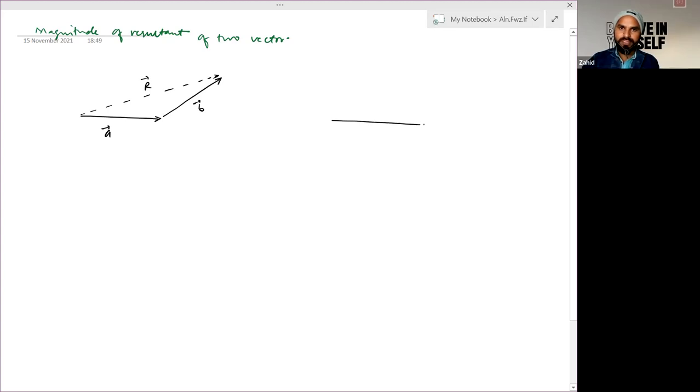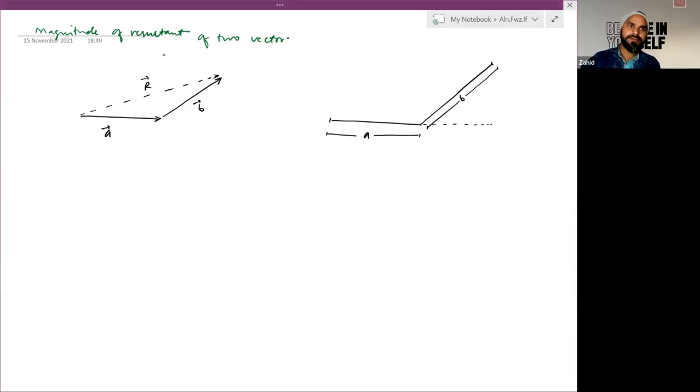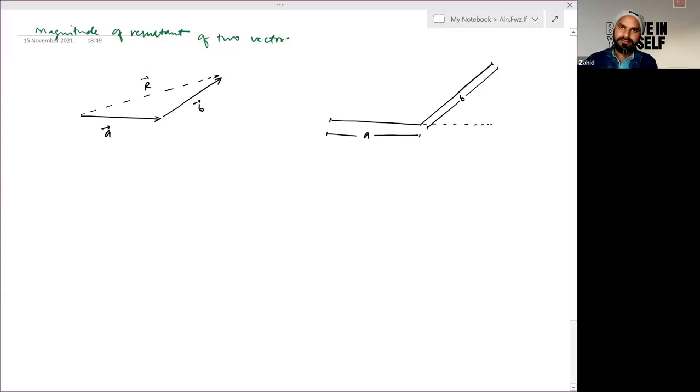So the magnitude of A is from this point to this point, the magnitude of vector B, and the resultant is from this point to this point.